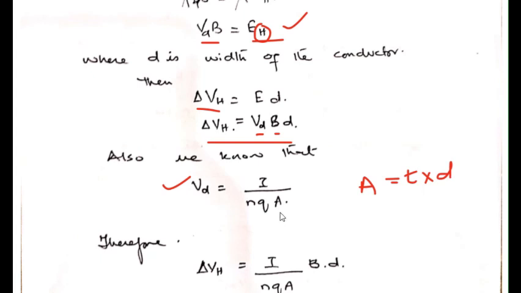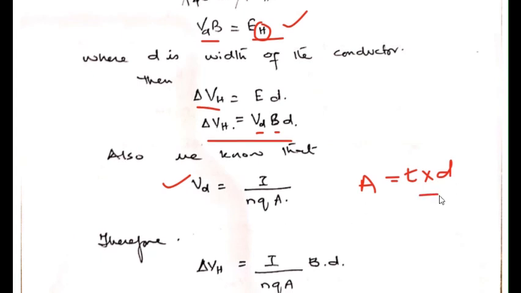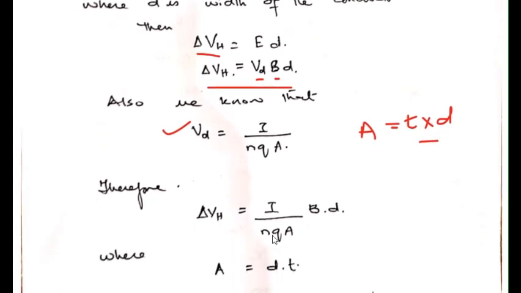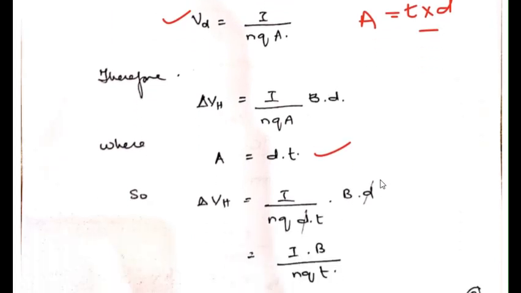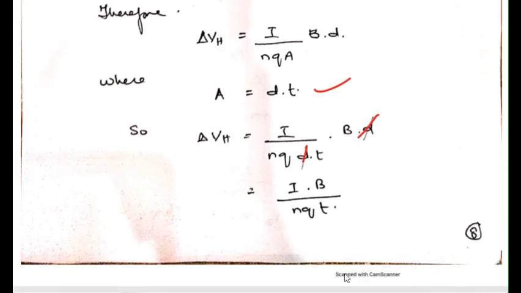So I can write this area like this, and for simplification, putting these values and expanding A, I simply cancel out this d and I get IB over nqt, where this t is not for time, this is for thickness of the conductor.